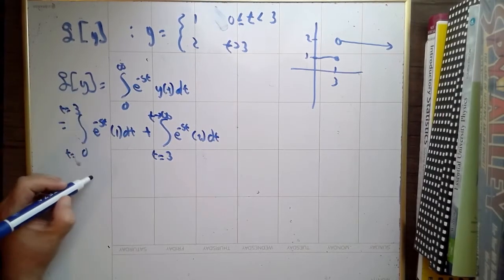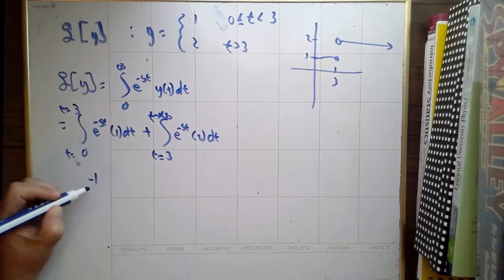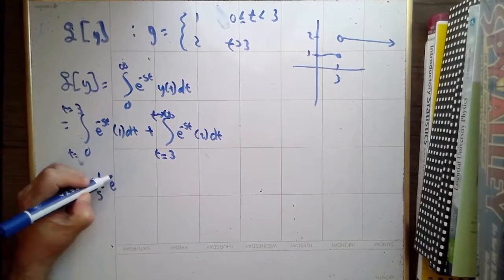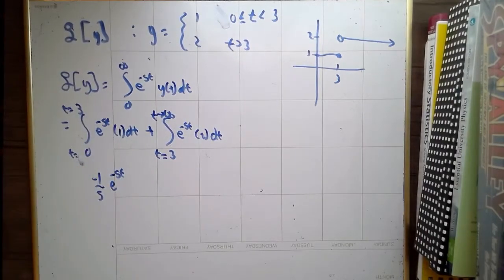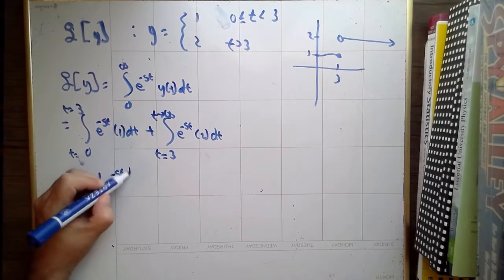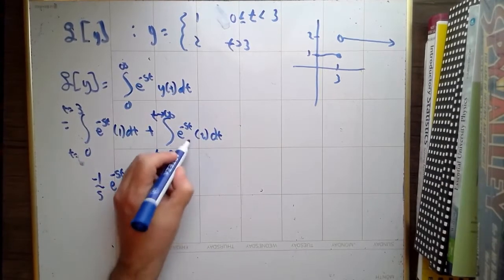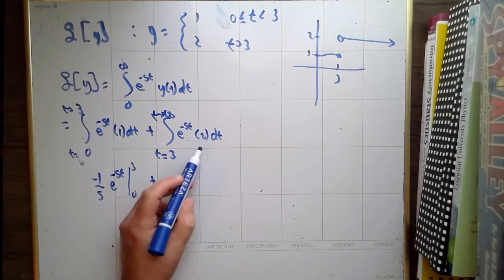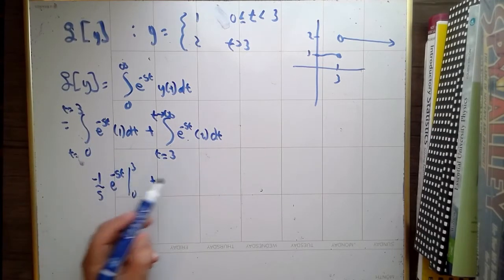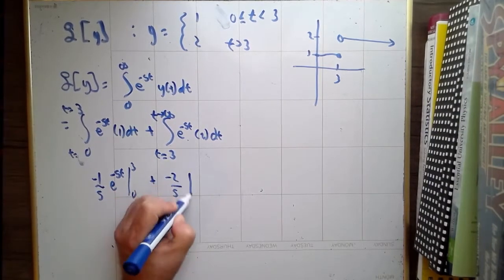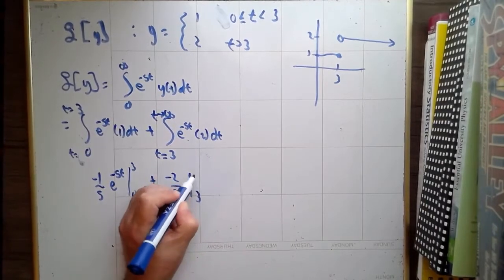Antiderivative of e to the negative st would be, excuse me, negative 1 over s, e to the negative st, evaluated from 0 to 3, plus, we get nearly the same antiderivative here, but now we've got a 2, so we'll get negative 2 over s, evaluated from 3 to infinity.